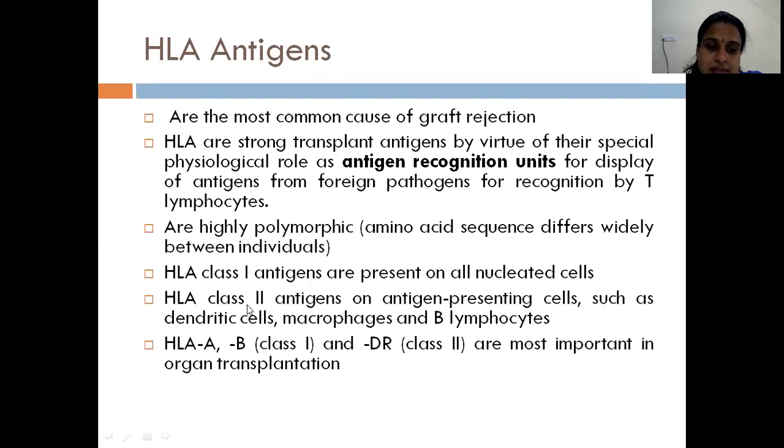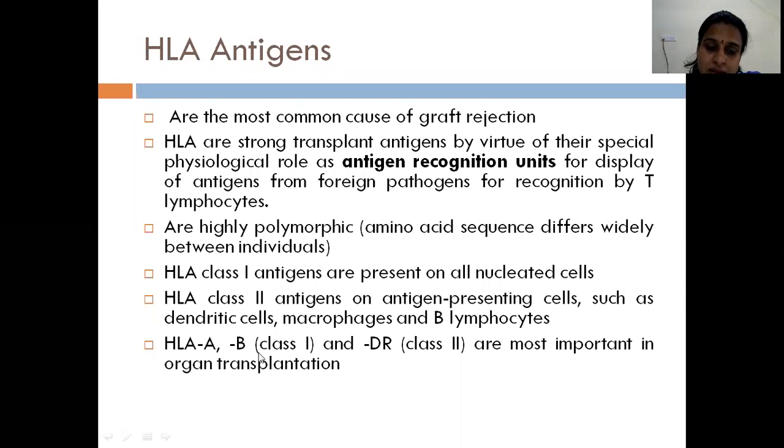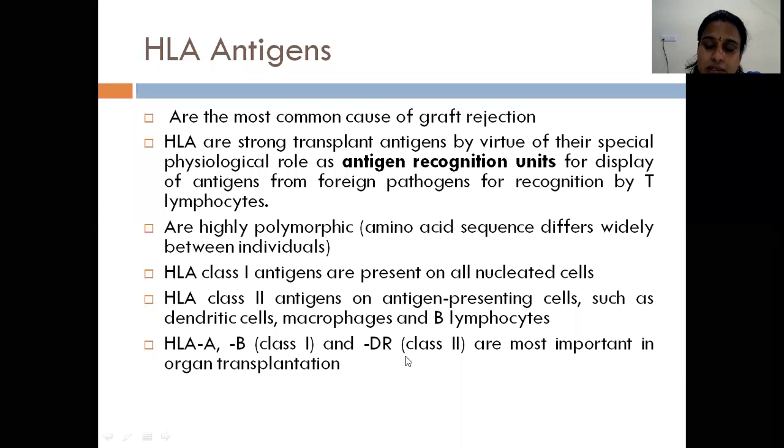Out of these two classes, under class 1 HLA-A and B, and under class 2 HLA-DR are the most important in organ transplantation. So we have to look for these particular groups under the varied classes for HLA matching.